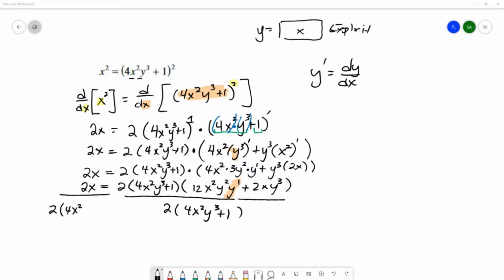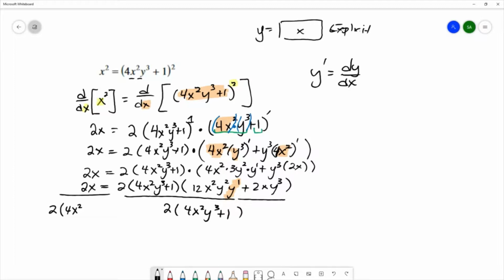Okay, so someone just pointed out that I've made a mistake here. Up here, when I was considering 4x squared to be my first factor, I did it correctly right here. I did the first times the derivative of the second, but on the second part, it should be the second times the derivative of the first, so I left off the 4 right there.